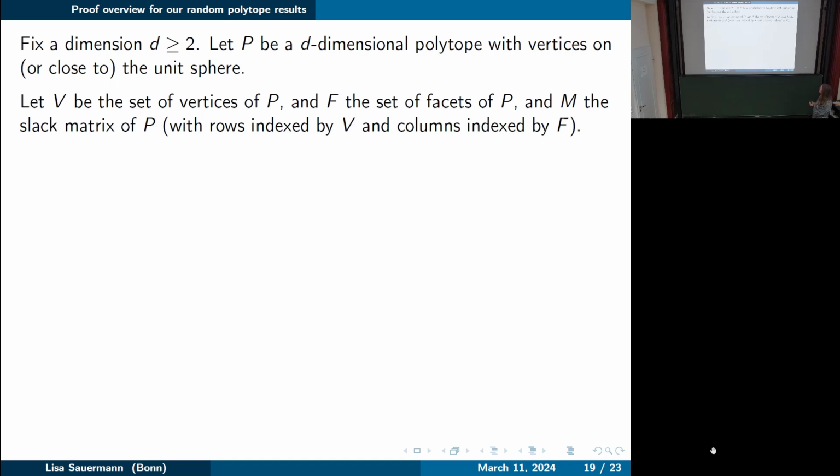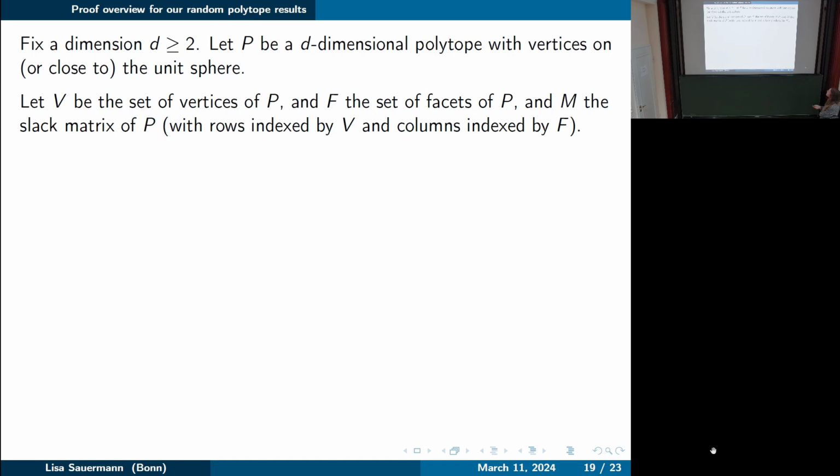Here are first some general observations about what happens with the extension complexity, or more generally speaking, we want to study the non-negative rank of the slack matrix, and so we'll study certain submatrices. On this slide, there will be some considerations of what happens if you take any d-dimensional polytope with vertices on or close to the unit sphere. So on this slide, it doesn't have to be random, but later we'll apply that to our random polytopes.